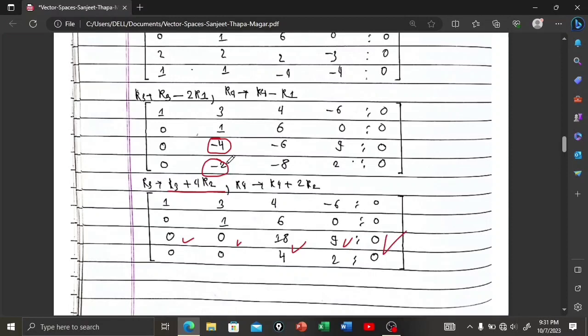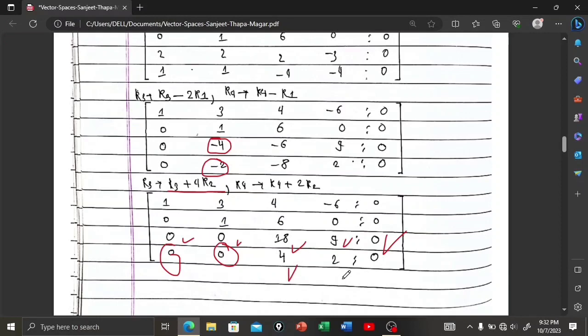And now we need to make this 0 with the help of this diagonal element. So R4 plus 2 R2, minus 2 plus 2 should be 0. So in R4 and R2, at this position it would be minus 8 and 6, so it is 4.